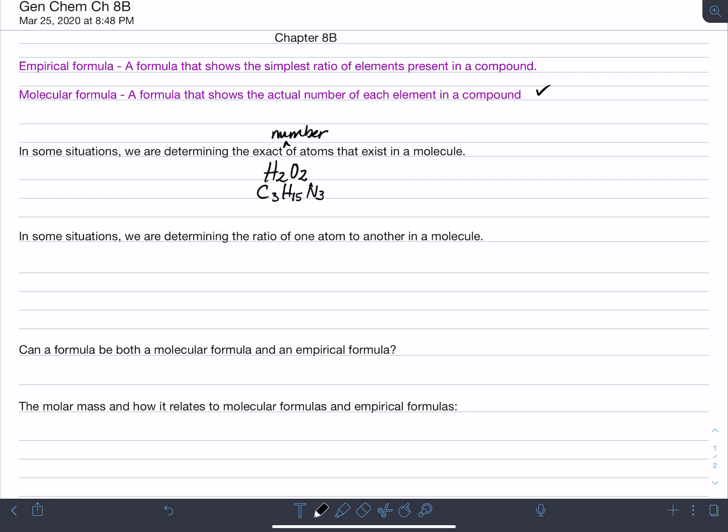And that molecule, that is the exact number of atoms that exist in that molecule. And then one more example would be H2O. In water, in one molecule of water, there are two hydrogen atoms and one oxygen atom. Okay, these are all molecular formulas.